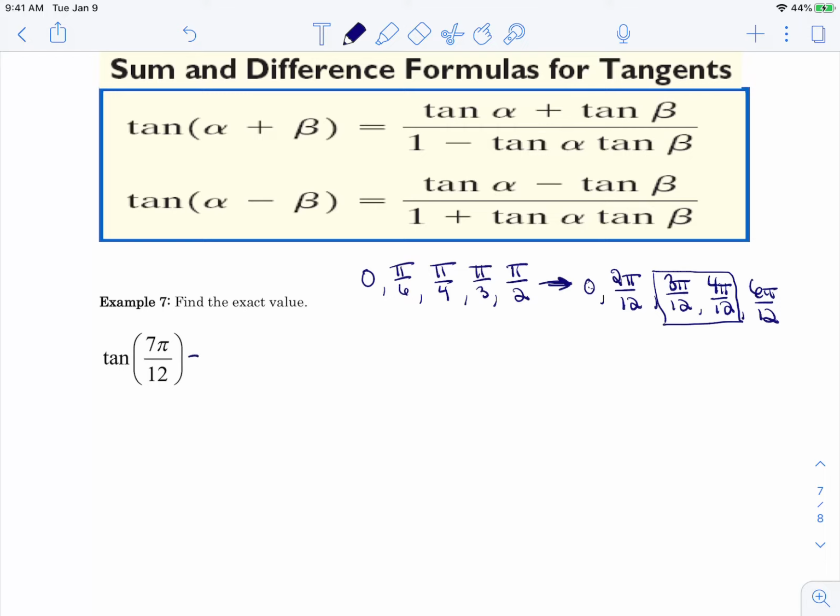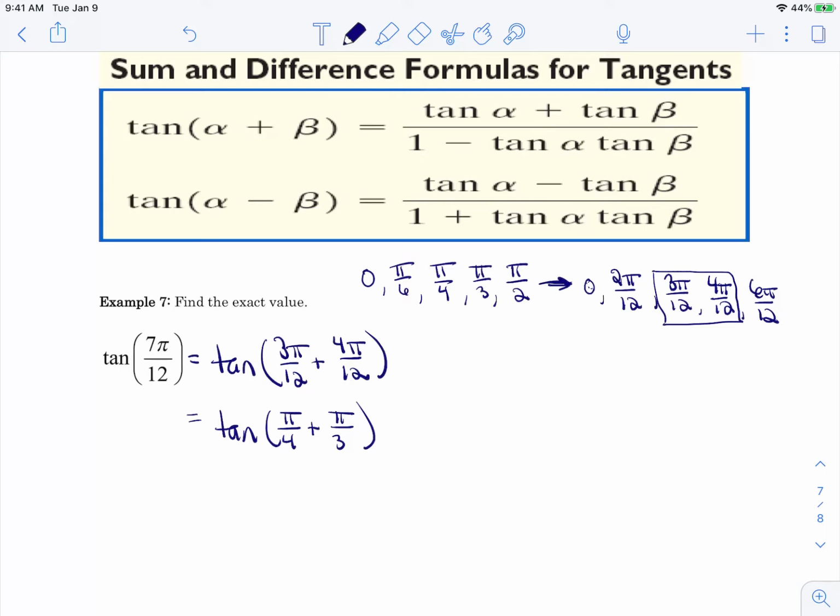So I'll just rewrite. We have 3 pi over 12 plus 4 pi over 12. All right. Now, if I reduce those guys, I end up getting pi over 4 plus pi over 3.